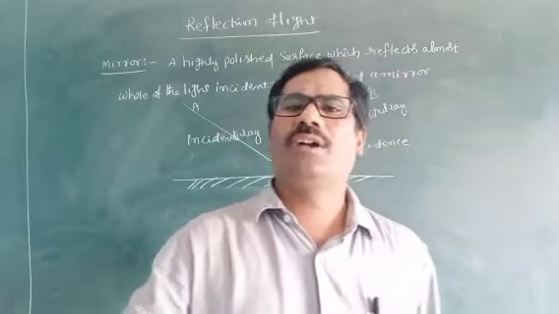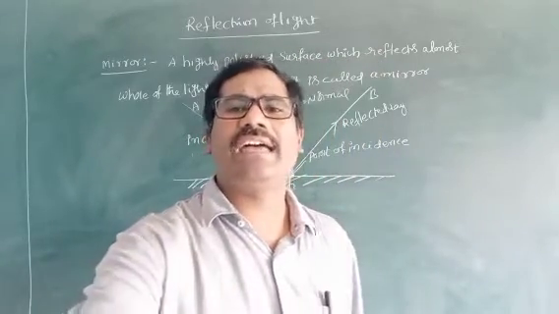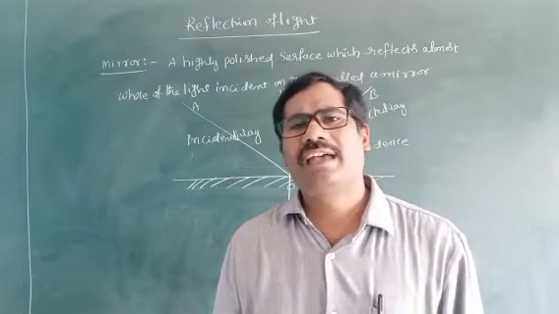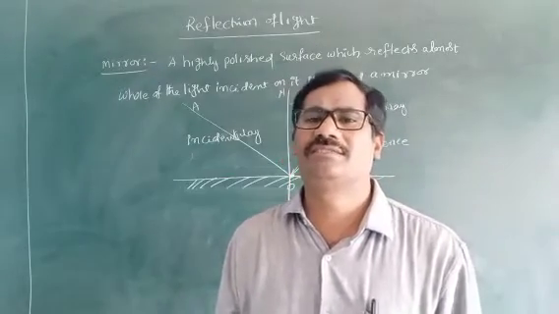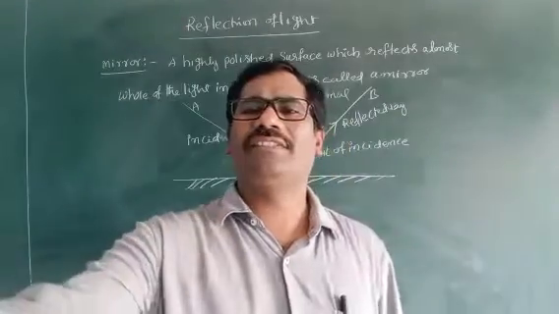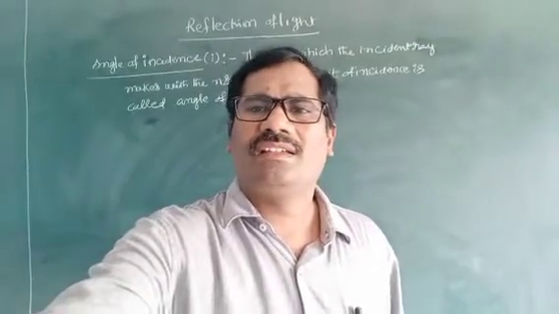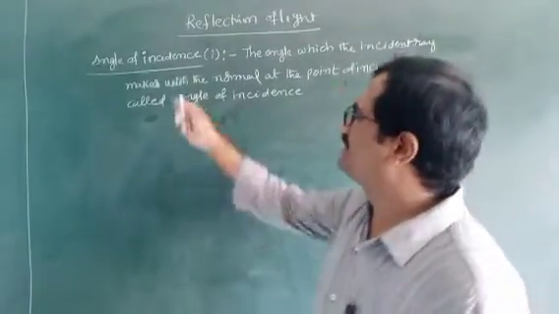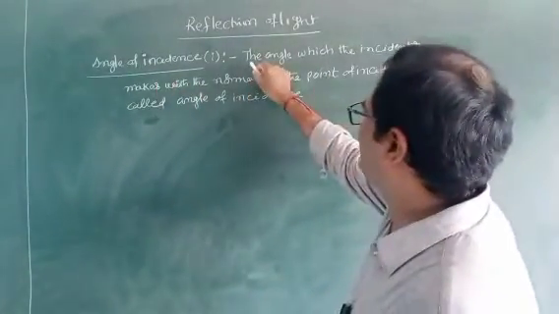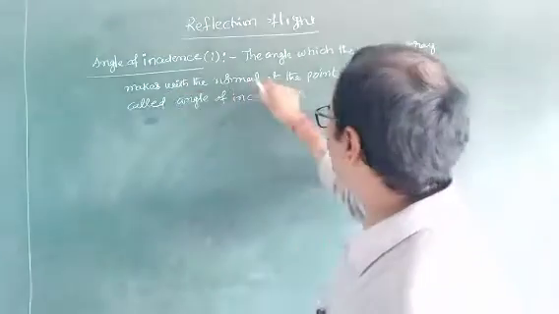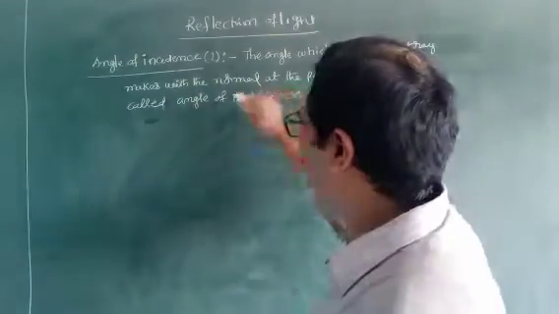Next one, what are the angle of incidence, the angle of reflection, and the angle of deviation? First, define the angle of incidence. Angle of incidence means the angle which the incident ray makes with the normal at the point of incidence.